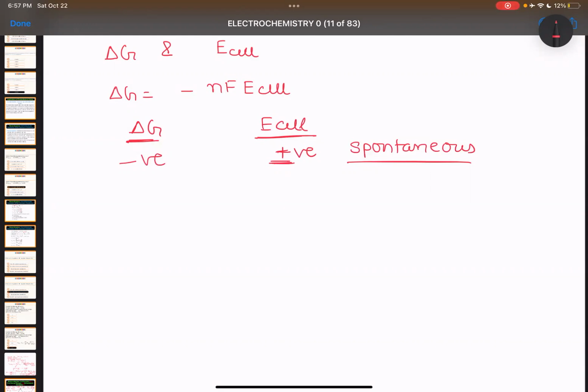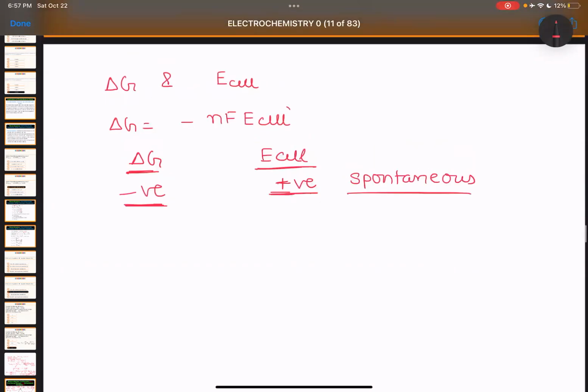So Gibbs free energy change is negative means EMF is positive, and the reaction can happen on its own, and we will get the EMF. Looking from this side, EMF of the cell is positive, and this whole thing is negative because there is a negative sign over there. This is the most important thing.